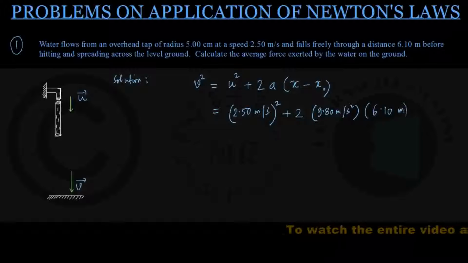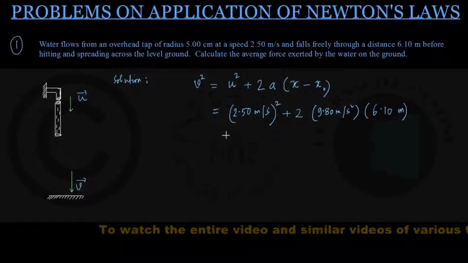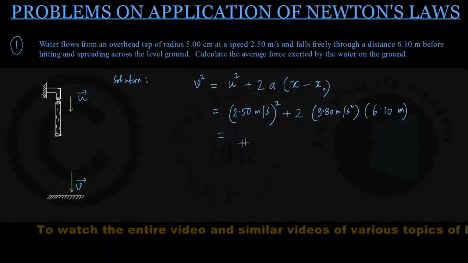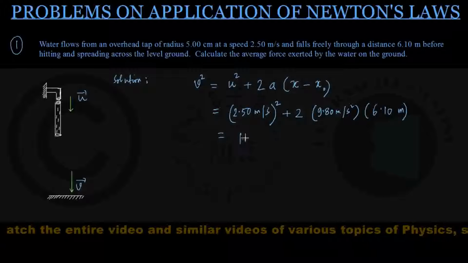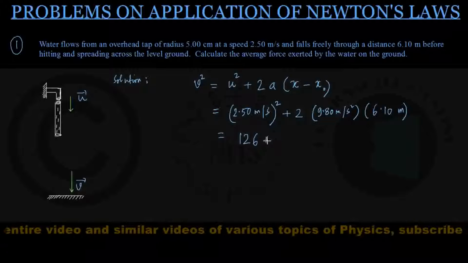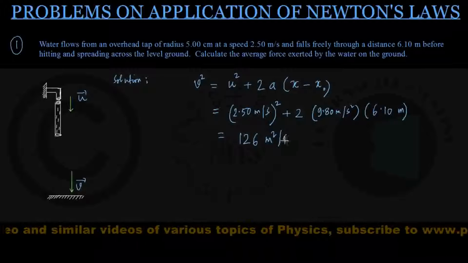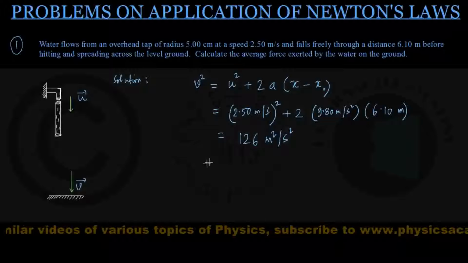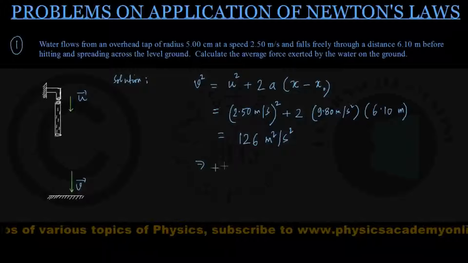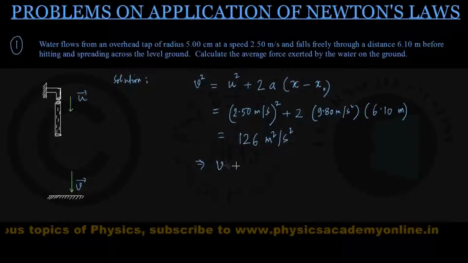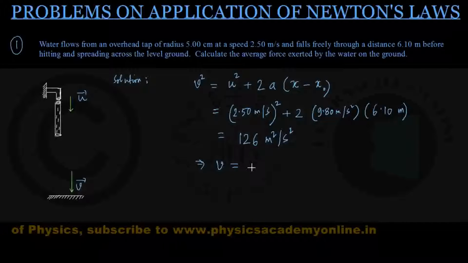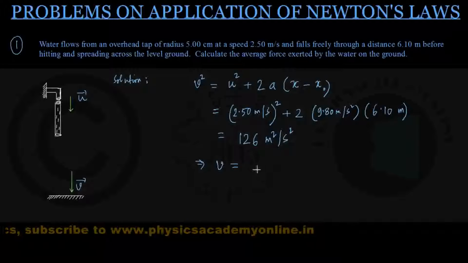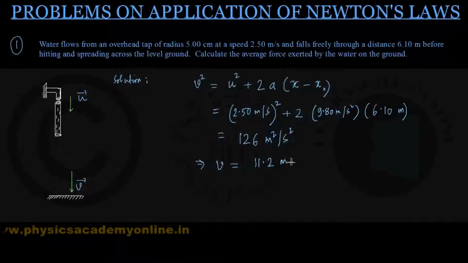I have written down the units as well, which I have suggested earlier that you should also try to follow if possible. This you calculate and show that this is coming out to be 126 meter square per second square up to 3 significant figures. And if we square root that, then the speed with which the water particles hit the ground, up to 3 significant figures, is coming out to be 11.2 meter per second.